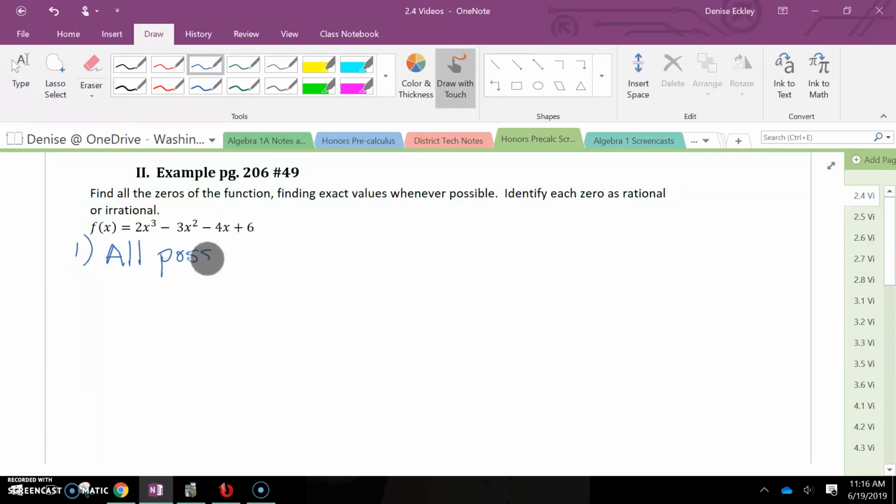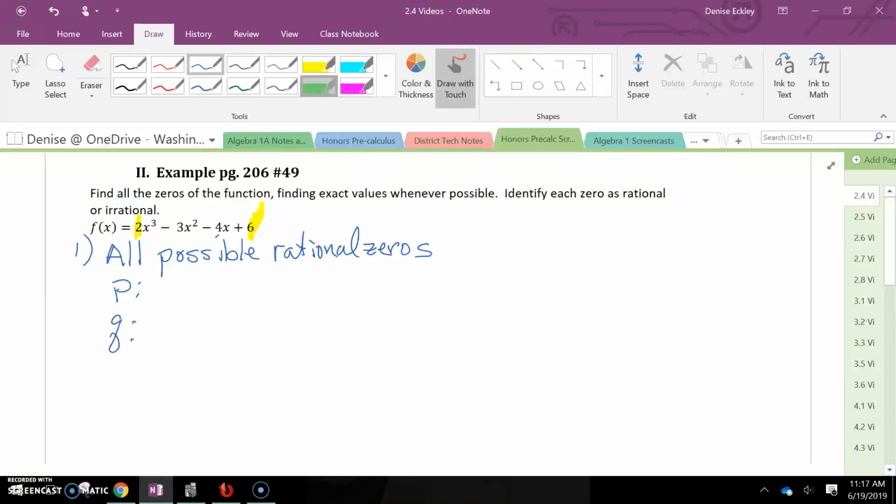We're going to start with rational ones. And so how we do that is we look at our constant and our leading coefficient, and we're going to list our p's and q's, which are the factors of those two numbers.